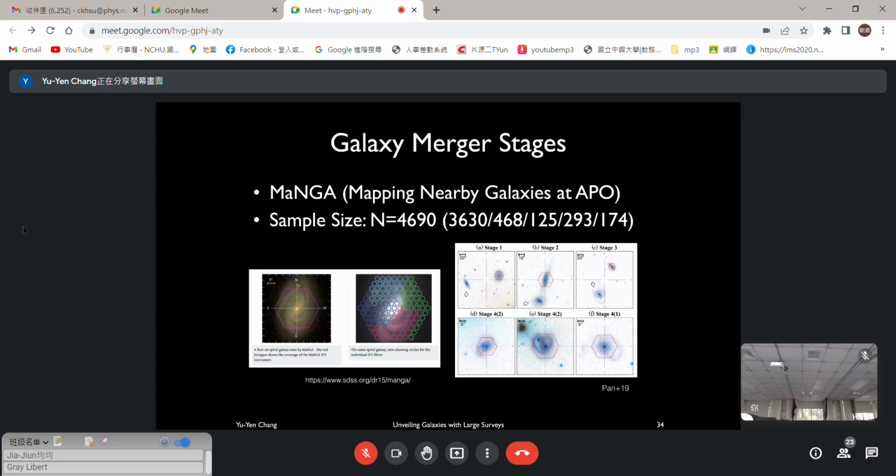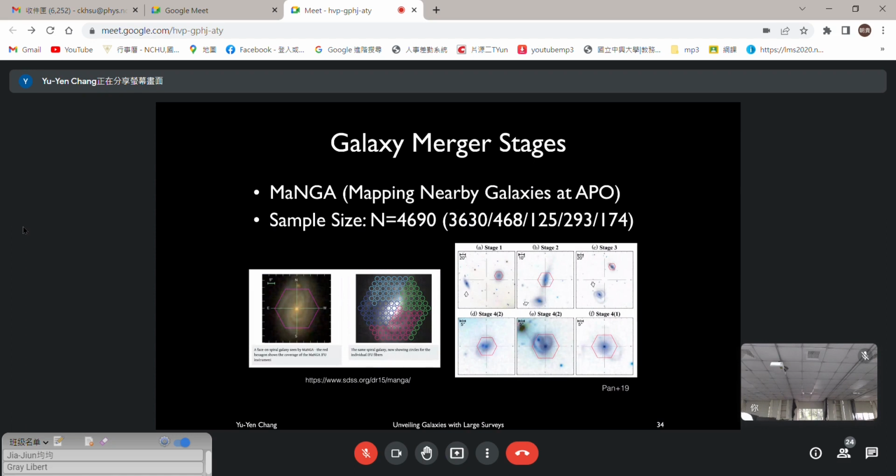At stage 1, two galaxies start to merge. Then at stage 2, the two galaxies start to collide with each other. At stage 3, the two galaxies are separated again. And at stage 4, the two galaxies start to be merged together.